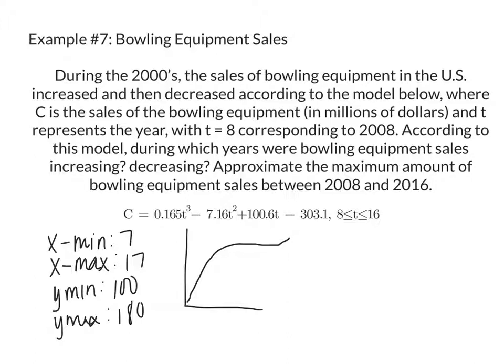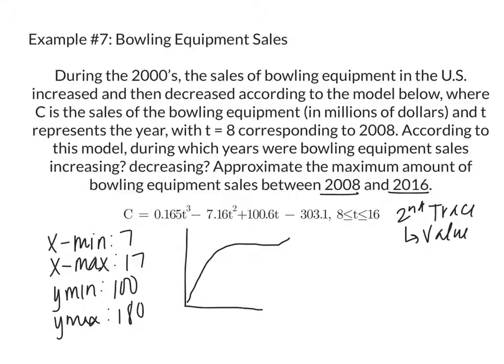All right, so we need to use the second trace function on our calculator, and we're testing the years from 2008 to 2016. Once you see your graph, you're going to press second trace, which is really calc, and then go over to value.